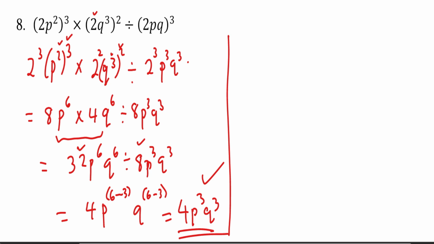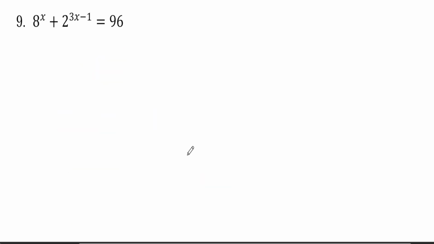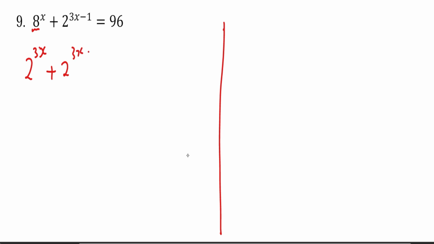Now I think we should try the last question, last subtopic, then we can call it a day. This type of question is very tricky if you're not keen. Obviously this one can be written as 2 cubed to the power x, so it's supposed to be 2 to the power of 3x plus 2 to the power of 3x minus 1 equal to 96.